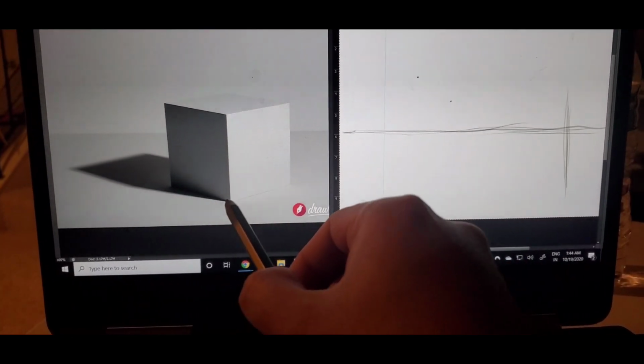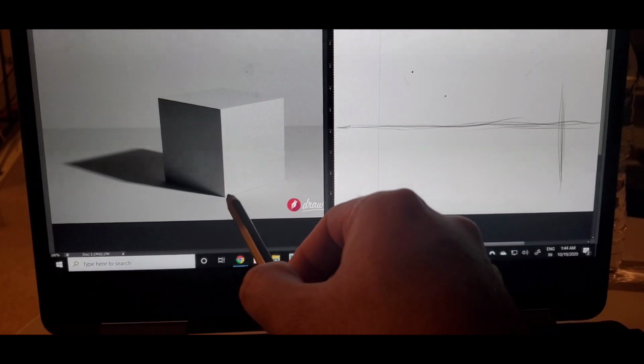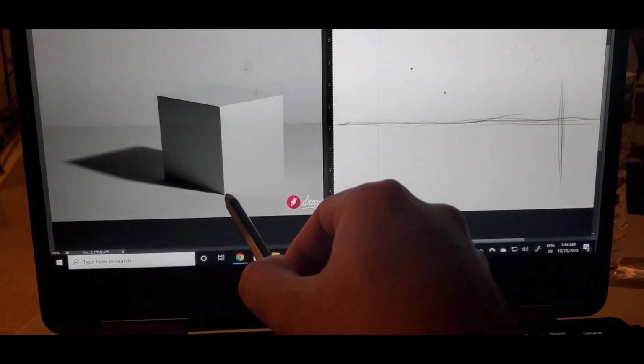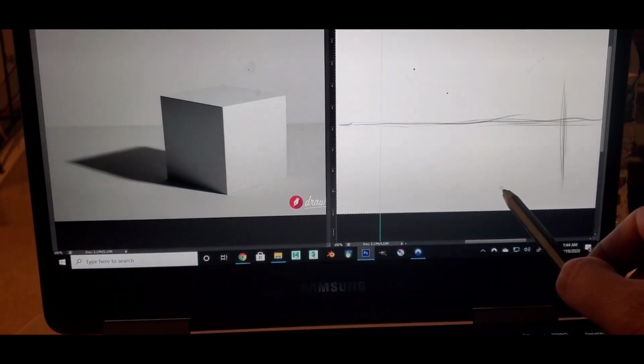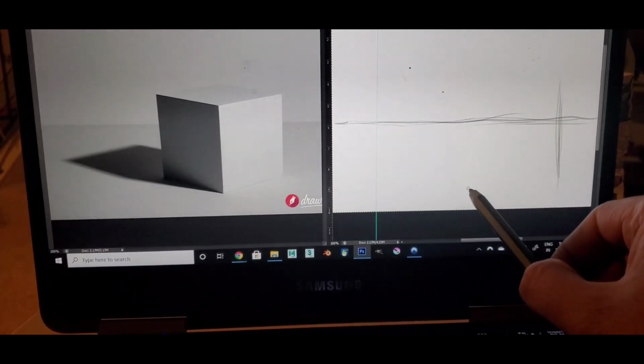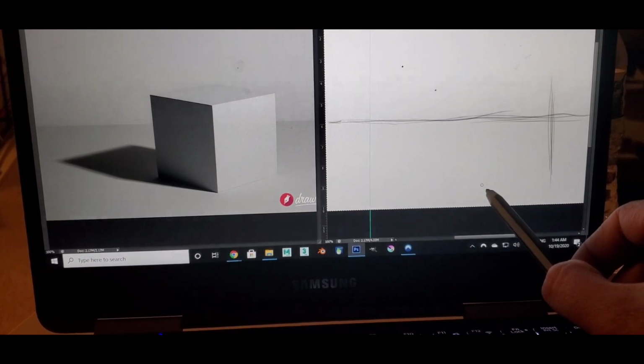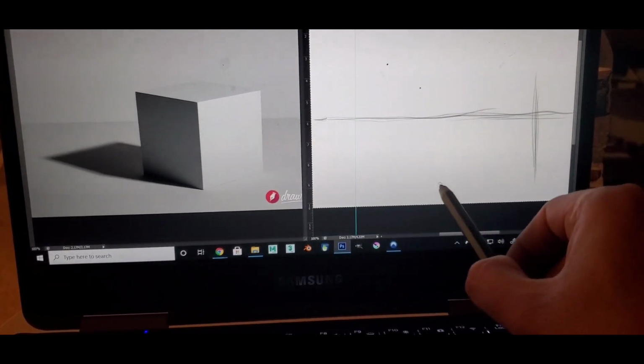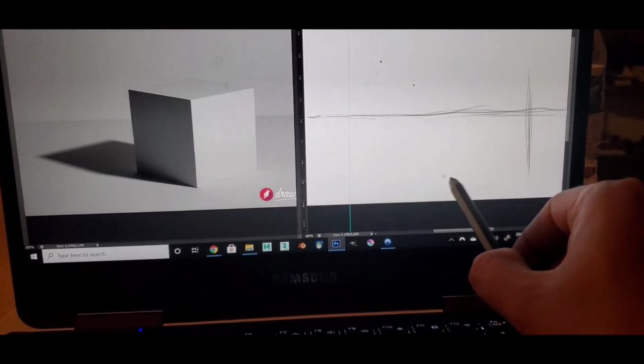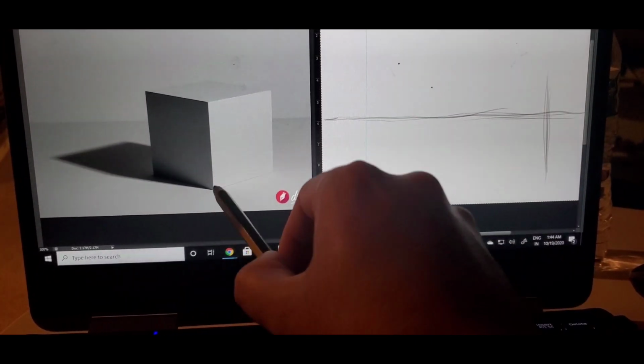Then what I want to mark is this point over here, but now I don't know whether it's over here or here or here, I'm not sure. So instead of making a point, I will draw a line like this because I'm sure about this distance.